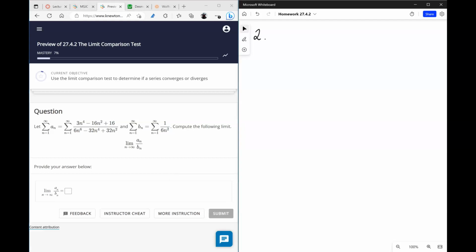And in this problem, even though it's not asking us this way, it's a setup for determining the convergence of this series.